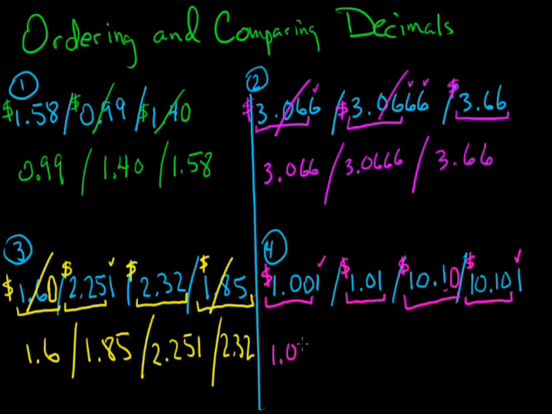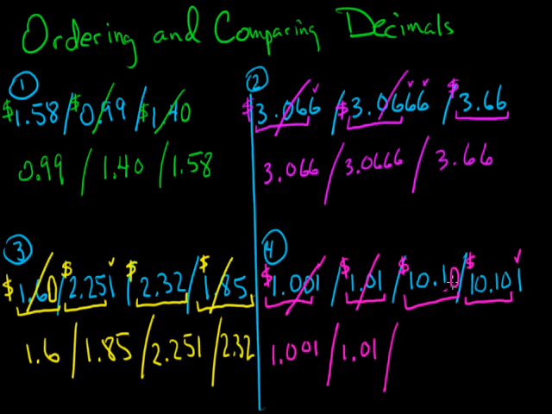So 1.001 is the smallest. 1.01 is next. See that? $1 beats $1 because this extra 1 is in the thousands place.